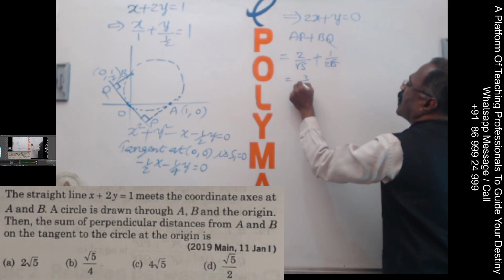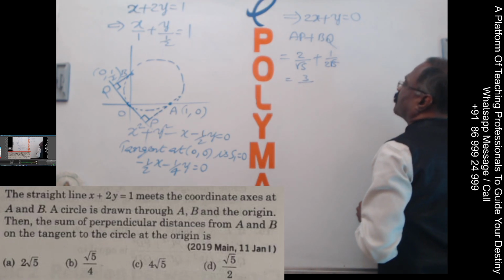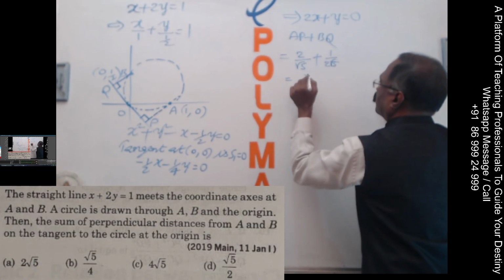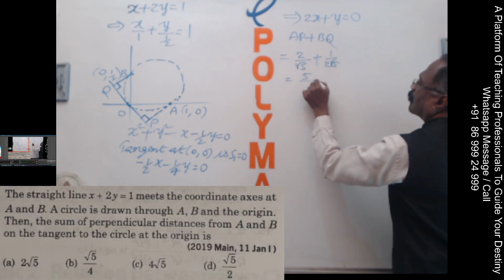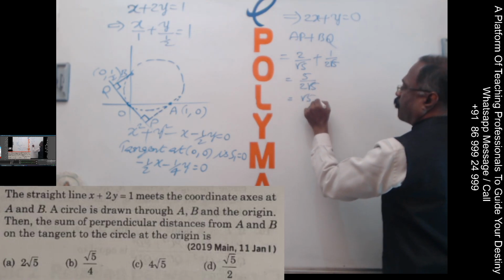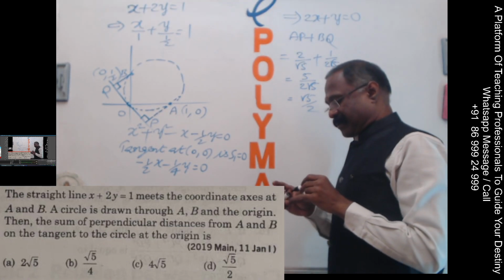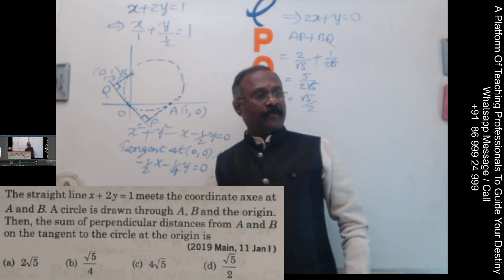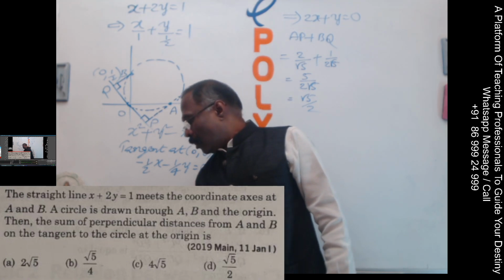So it is 3 by 2 root 5, LCM 4 plus 1, 5 by 2 root 5. So your answer must be root 5 by 2. Just check the options: root 5 by 2, option D.